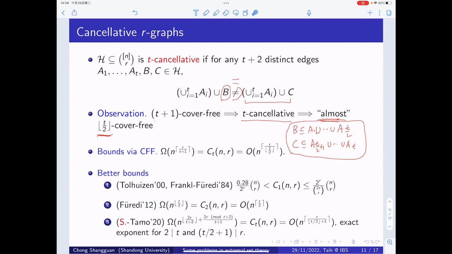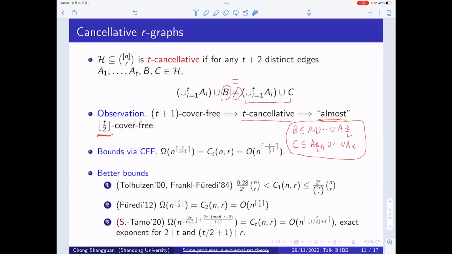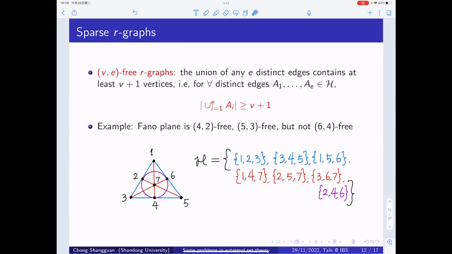Now let me explain how we prove the new lower bounds for union-free hypergraphs and cancellative hypergraphs. In fact, these two lower bounds can be proved in a unified way by using so-called sparse r-graphs.